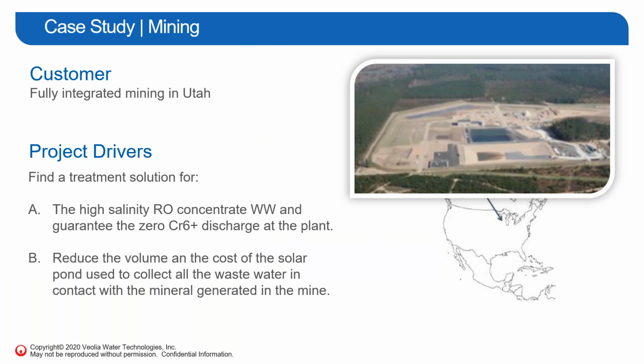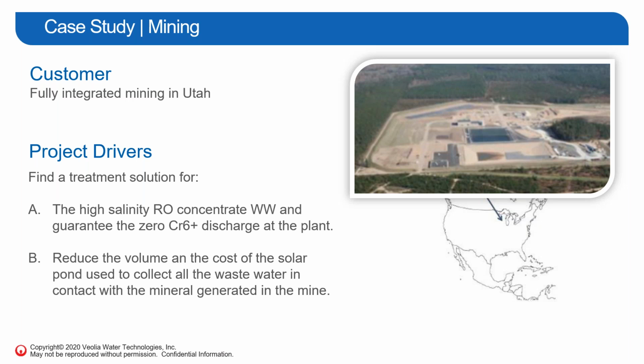Last but not least, with evaporation, we also treat water coming from other unit operations. As Bradley said before, evaporation can be installed as standalone or in a complete chain.